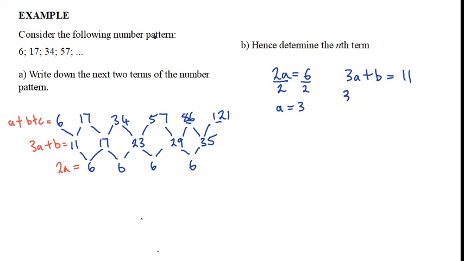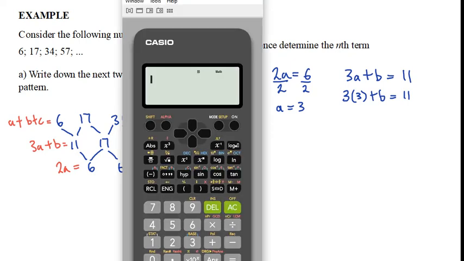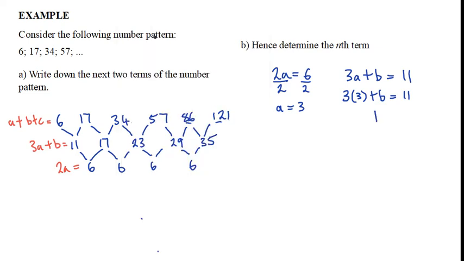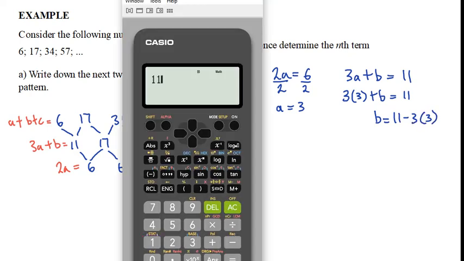So we're going to say 3 times 3 plus b is equal to 11. Bring out your calculator. So b is going to be equal to 11 minus that. 3 times 3, you can just quickly press that on the calculator.